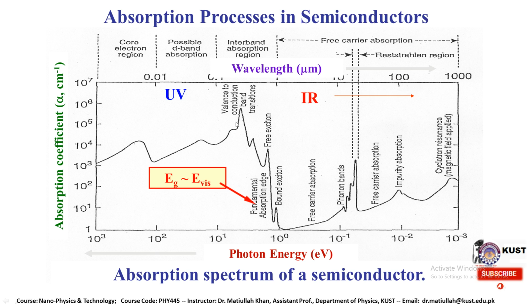Just like we have a peak that is the peak for valence to conduction band transitions. This is a big, broad peak, showing the transition of electrons between the valence and conduction band. This transition is due to free excitons. Here we have bound exciton transitions, free carrier absorption, and phonon bands.